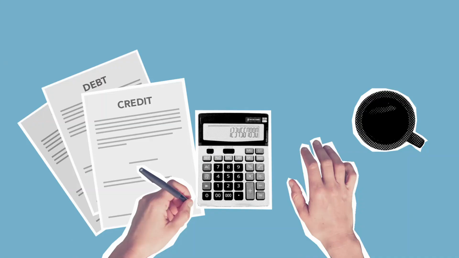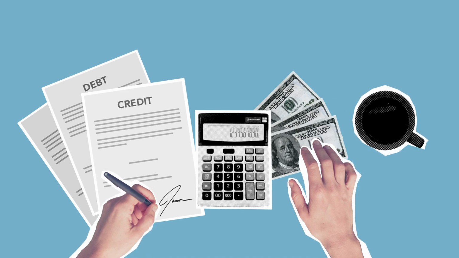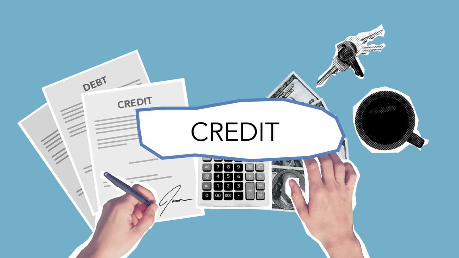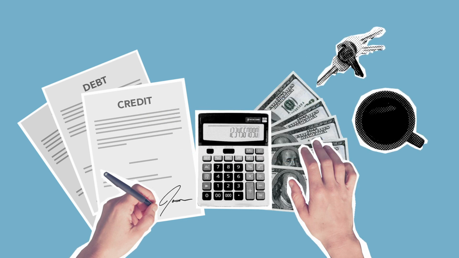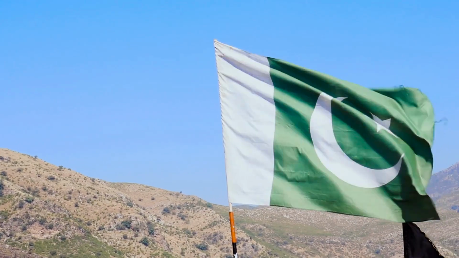The tax rates are 20% for small companies, 29% for public companies, and 39% of income for banking companies. There is also a super tax for high earners, people who are making a lot of money with their online businesses in Pakistan.